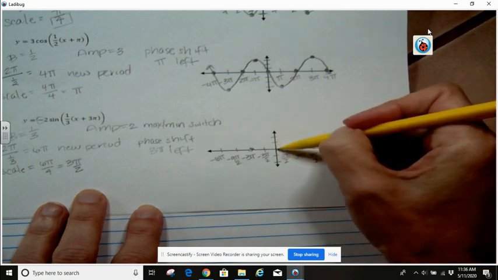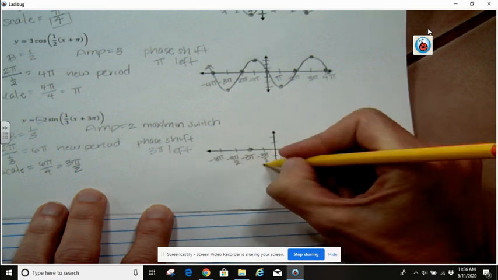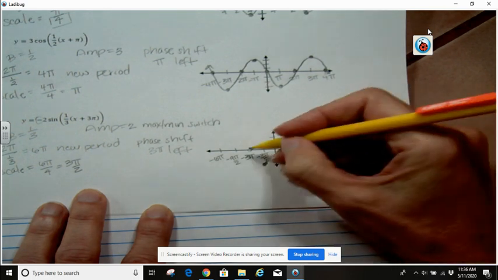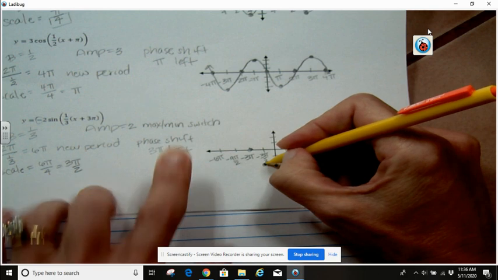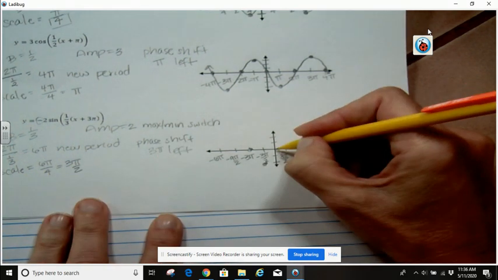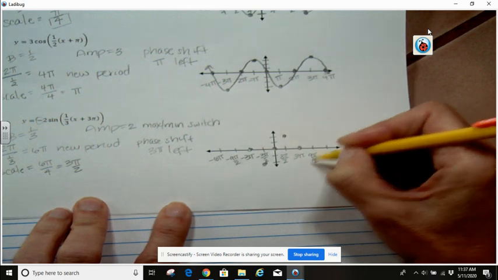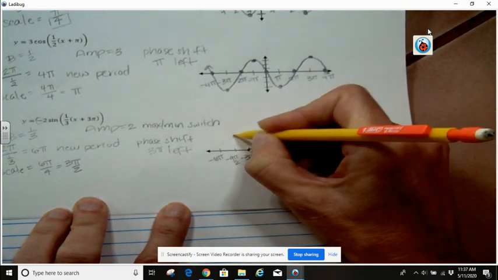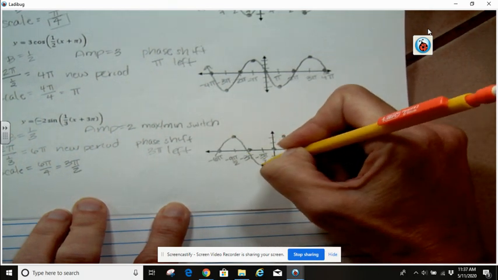Well, here's that origin point shifted 3 pi to the left, but instead of hitting a maximum, this one has to go down to a minimum first because all my max and mins need to switch. So here's the origin point shifted, followed by a minimum because of this, and then you can follow your pattern. Zero, max, zero, min, zero, max, zero, min.